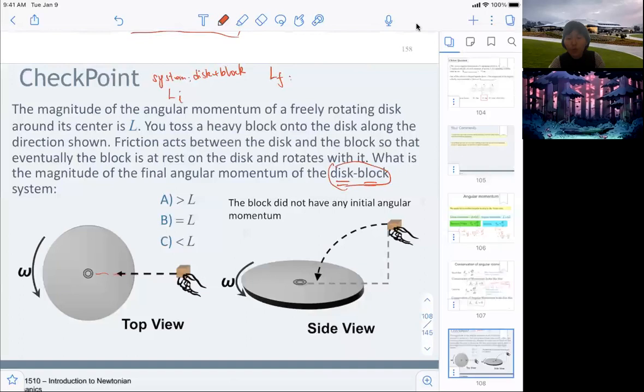So the two moments, initial and final. There are two distinctions between the moments: one is before you toss it, and the other is after you toss it.